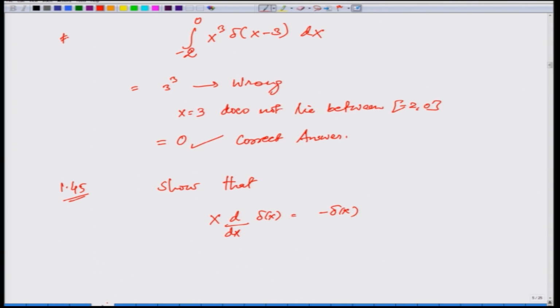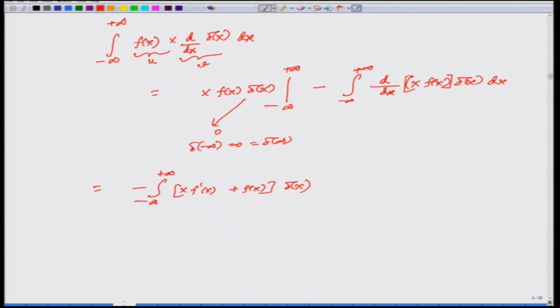So whatever the function is, this will give me 0 and I will be left with minus the integral from minus infinity to plus infinity of f of x delta x, which proves our result. We have got the same function with a negative sign. Yes, exactly the same. So this will be hence proved.